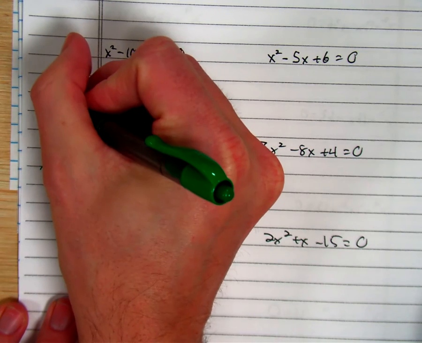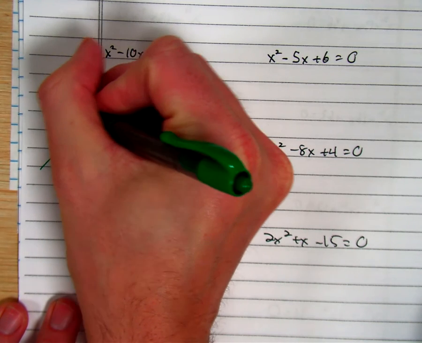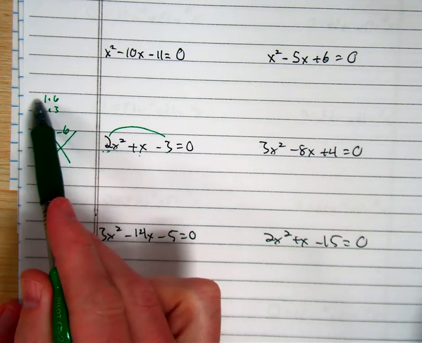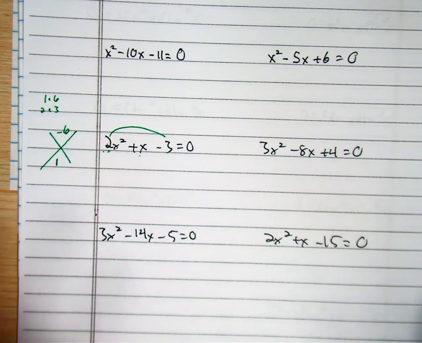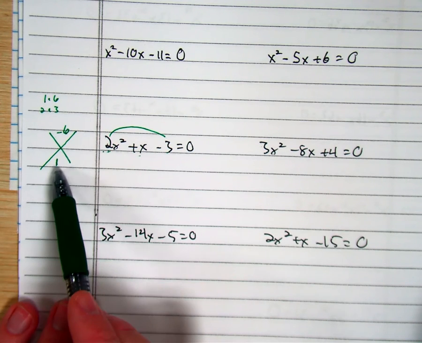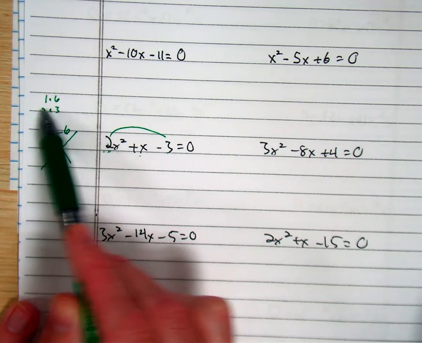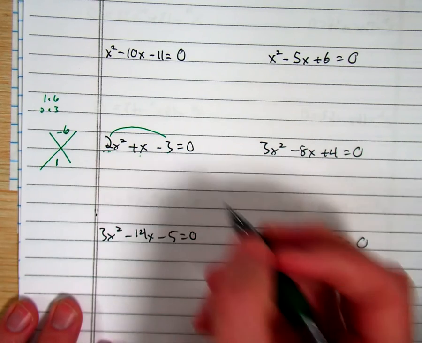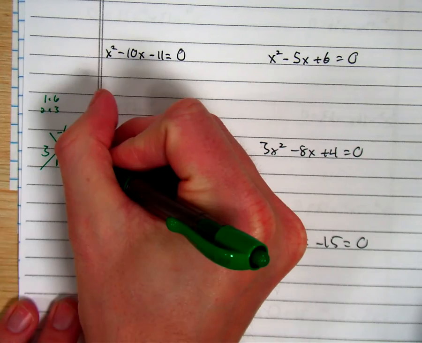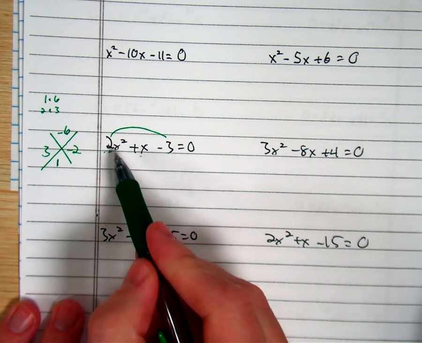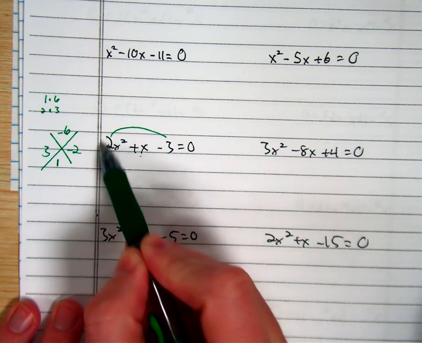Alright, sometimes it helps just to see 1 times 6, 2 times 3. Those are our options, 1 and 6, 2 and 3, and then thinking positive, negative. Since it has to add to 1, they're 1 apart here. Probably going to be some sort of negative grouping with 2 and 3: 3 and negative 2. Now, because we did the times 2, we have to undo that times 2.